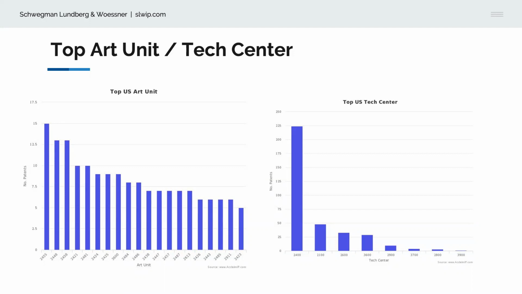It's always interesting for a client to see what percentage of their cases are in a particular art unit, because that gives them some sense of how much 101 headwind they can be expecting or are currently experiencing.